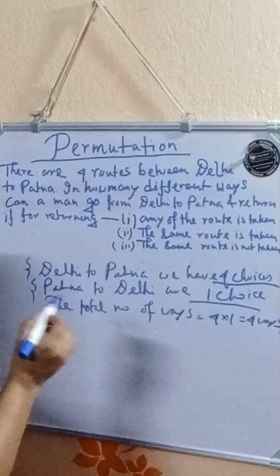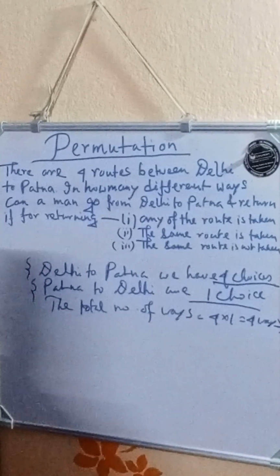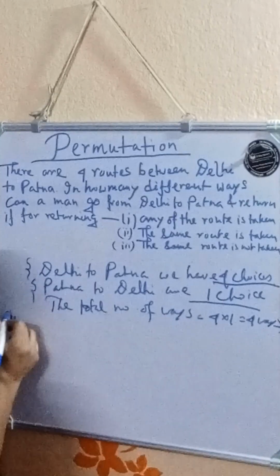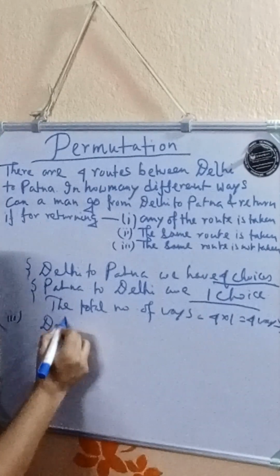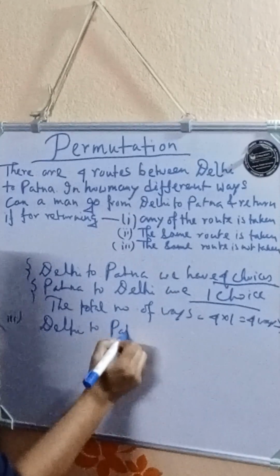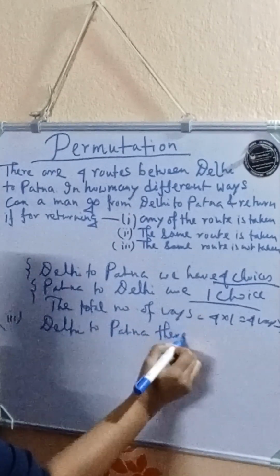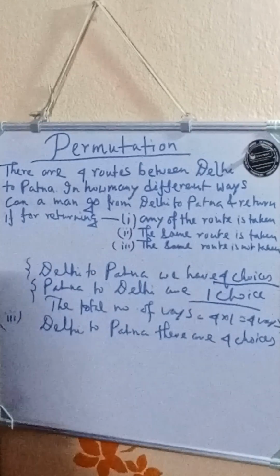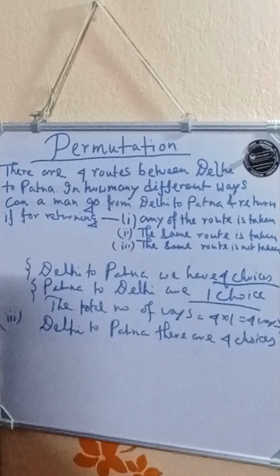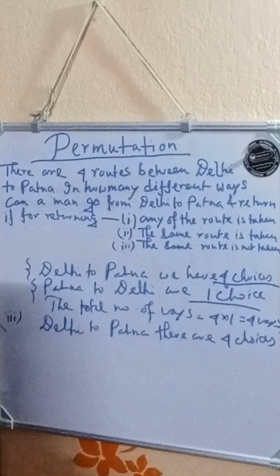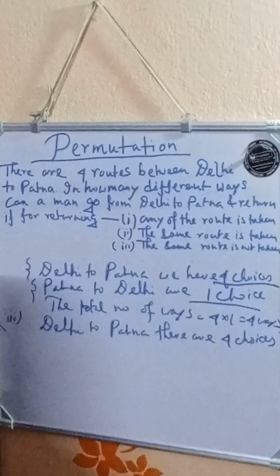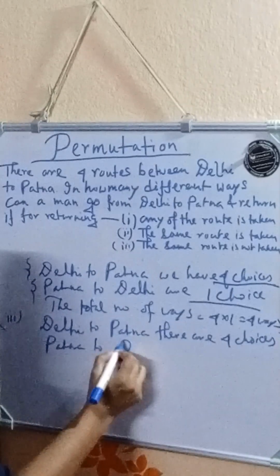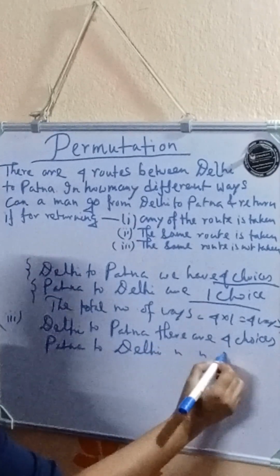So in case 3, when we go Delhi to Patna, there are 4 choices, but when returning from Patna to Delhi, there are only 3 choices.